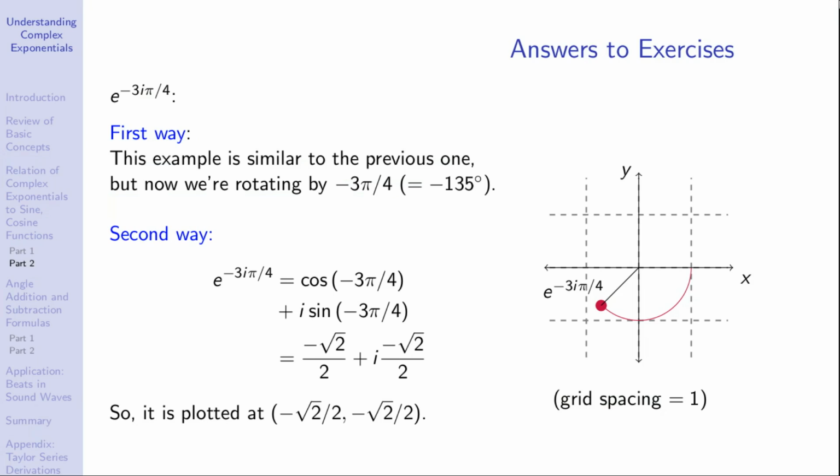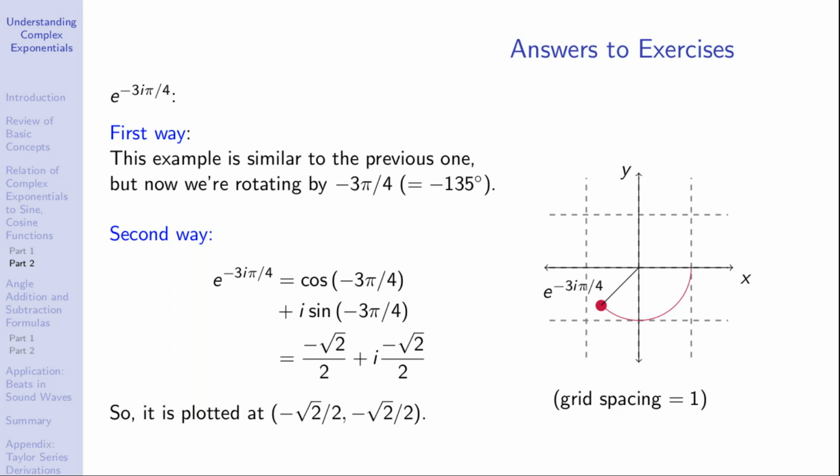Okay, our next example is e to the minus 3I pi over 4. The first way: this example is similar to the previous one, but this time we're rotating by -3 pi over 4, so that's -135 degrees. So again, our point is on the unit circle, and it's at an angle of -135 degrees relative to the x-axis.